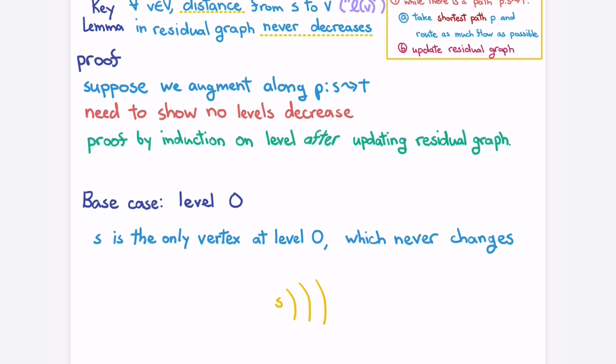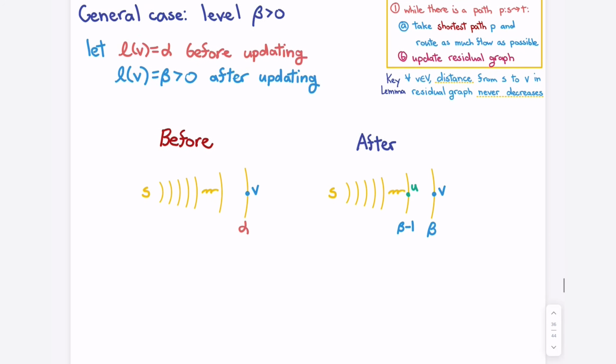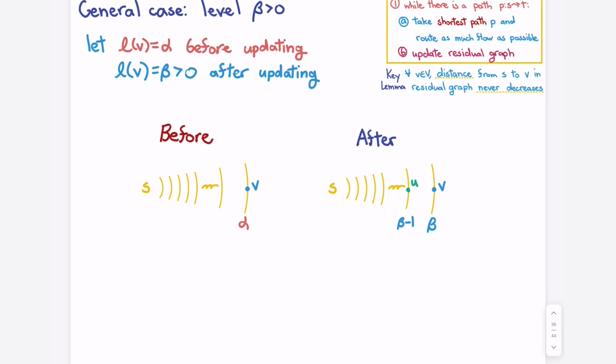Okay. All right. So now in the general case, let's let v be a vertex that's at level beta after updating. And I'm letting alpha denote the level before updating. Okay.